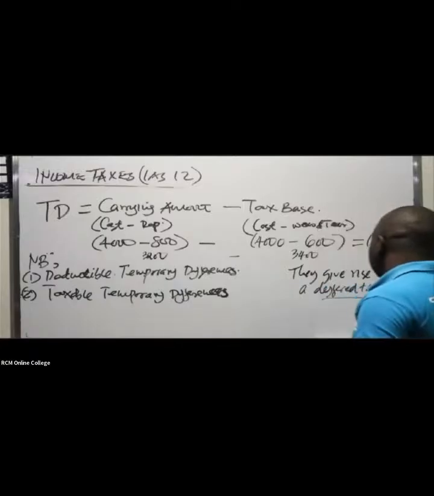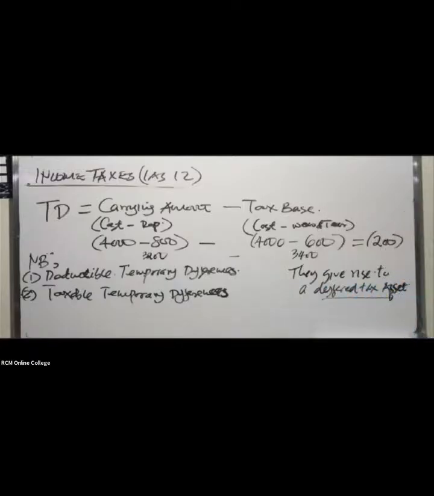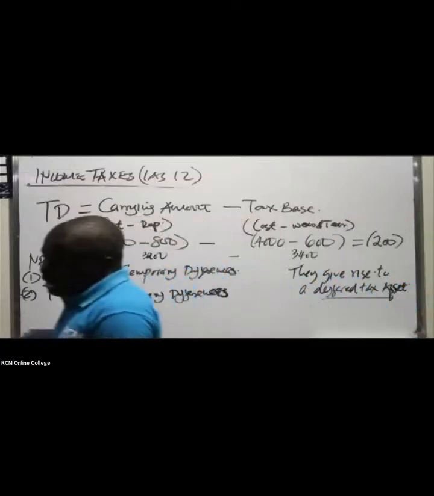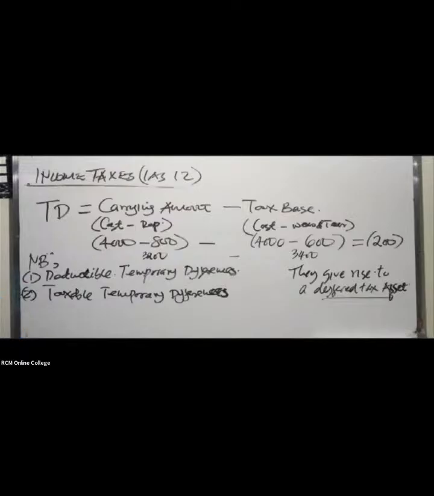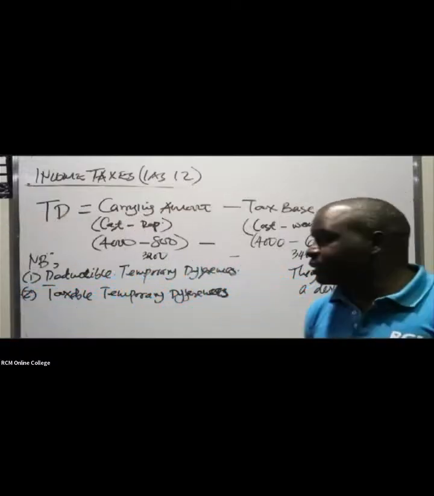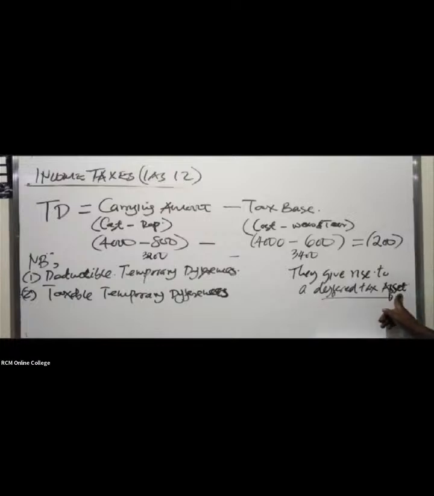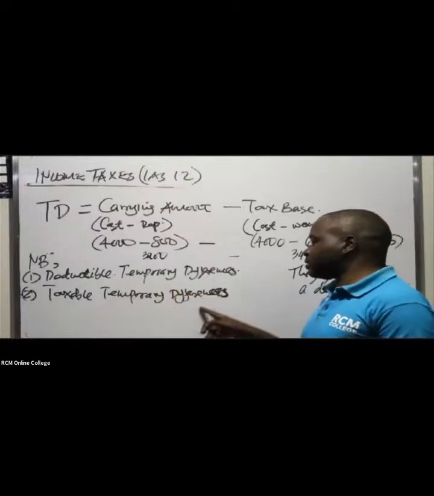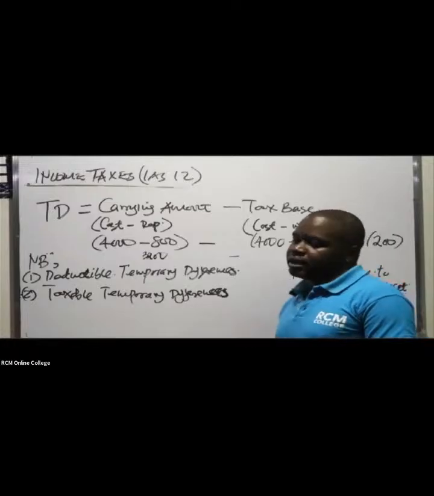So what do you think they give rise to? They give rise to a deferred tax what? If these ones give us an asset, these ones give us a deferred tax liability.